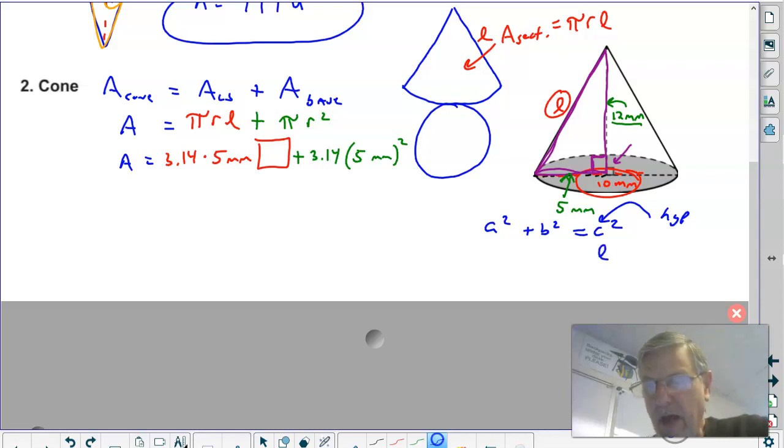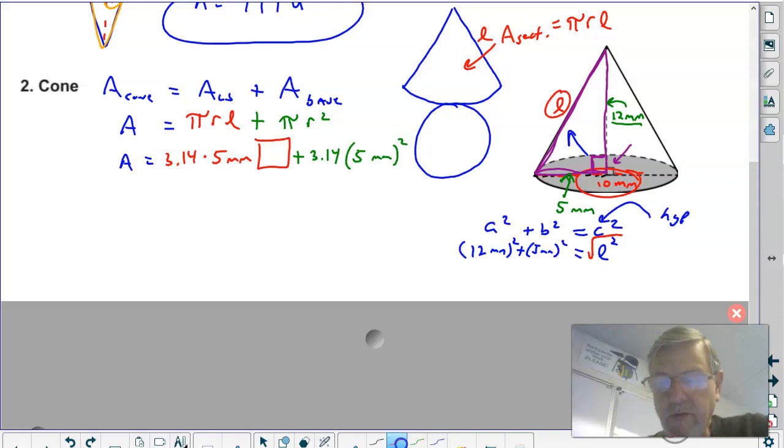The L is the hypotenuse, always across from the right angle. Okay. So L squared is going to equal 12 millimeters squared, keep my units, plus 5 millimeters squared. But remember, we want to get all the way to L. So I'm going to take the square root of both sides.